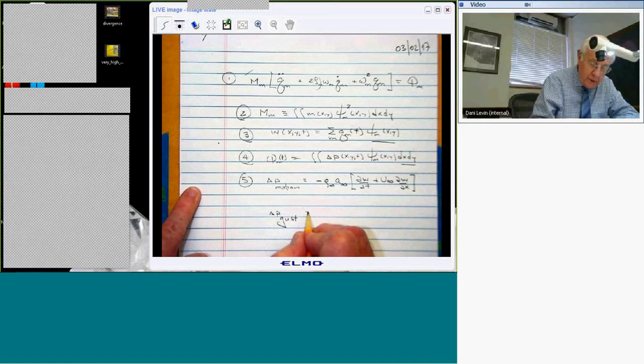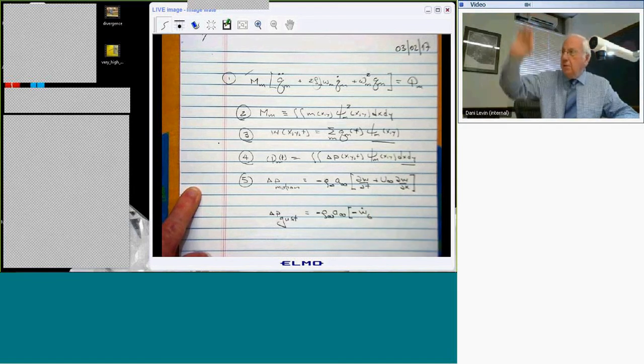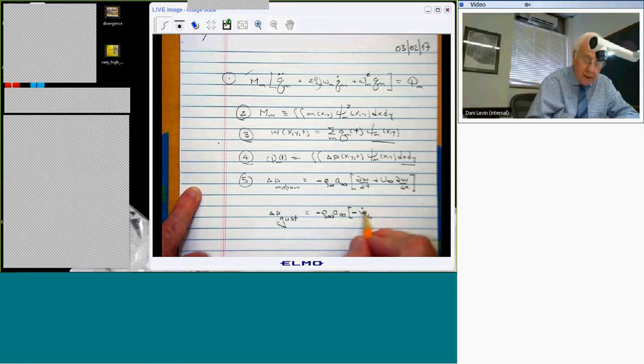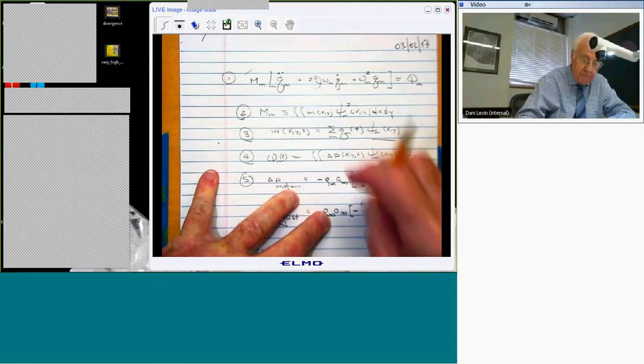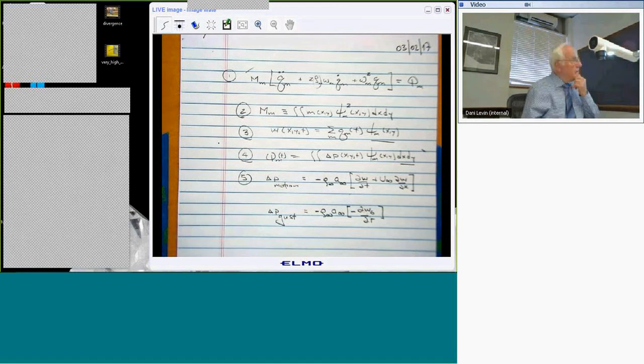And the gust pressure is equal to minus rho infinity, a infinity, times, actually a minus sign, although it doesn't matter, it turns out, minus what I'll call the gust velocity. So you can think of w_g as being a gust displacement, or displacement of a fluid particle, with the dot, or if you prefer, dw_g/dt is the velocity of the gust.